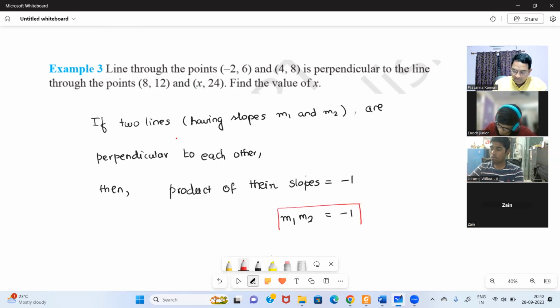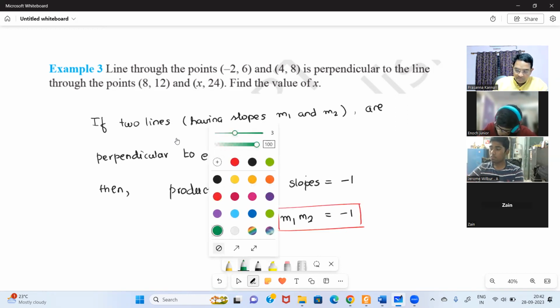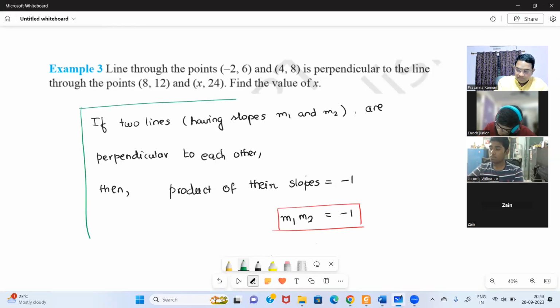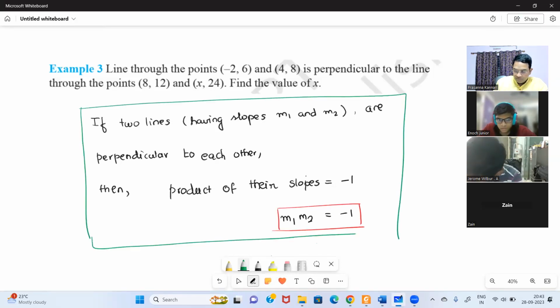Very important. Certainly, you can expect a question based on this idea. If two lines having slopes m1 and m2 are perpendicular to each other, the product of their slopes is -1.